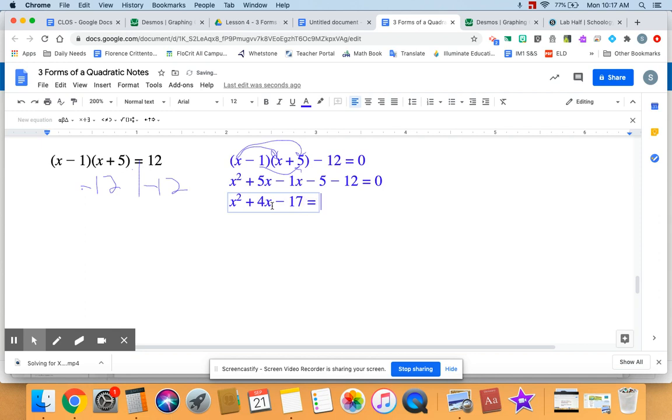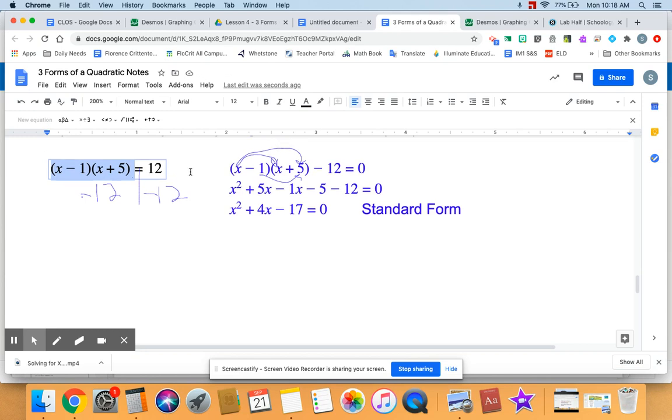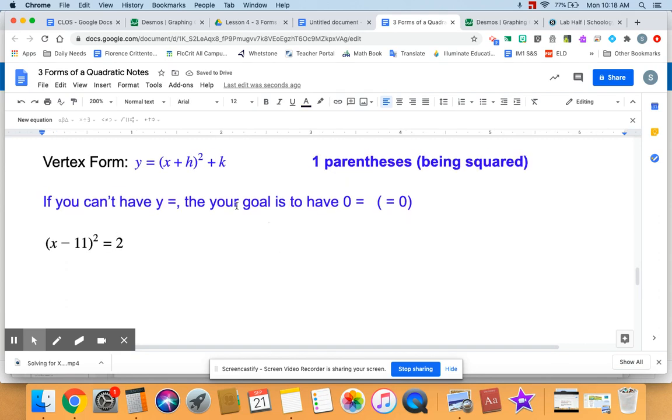And that's going to all equal 0 still. So now this one had to end up being in proper standard form. There was no way to write it in proper factored form, so I had to distribute it out and get it into proper standard form to make it something that's proper.